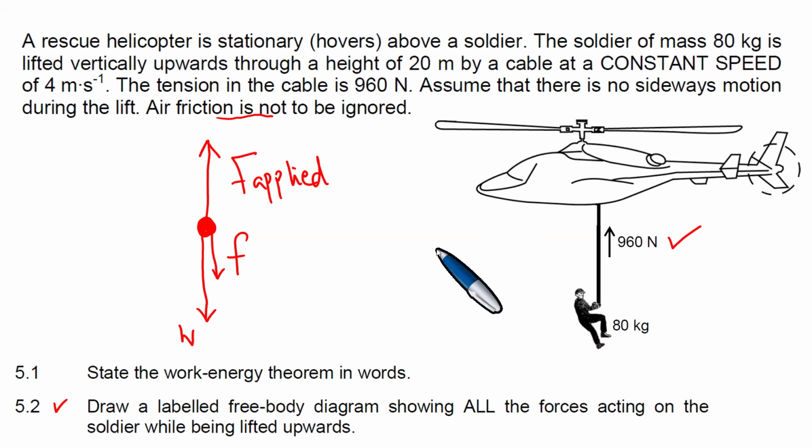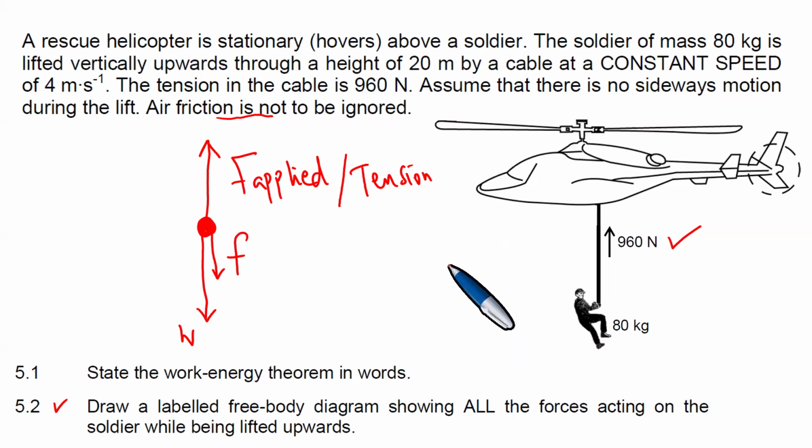Isn't it tension first? It is tension first. But tension is a force. So in this case, I agree with you. We can call it tension, applied force, or if you don't want to call it applied force, you can call it tension.